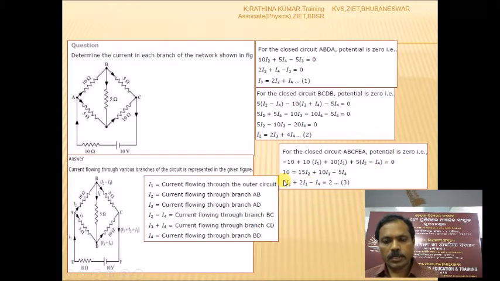Simplifying this equation, 10 is equal to 15I2 plus 10I1 minus 5I4. Then dividing by 5, we get 3I2 plus 2I1 minus I4 is equal to 2. Here 10 is the voltage, which is equal to the EMF in the circuit. Let us take these three equations and solve them.